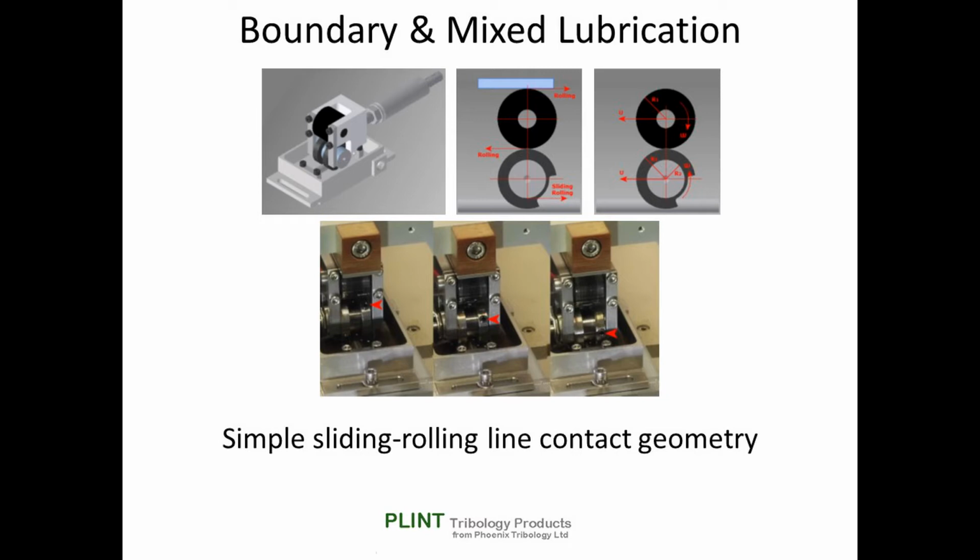Because it is a sliding rolling contact, the contact geometry does not change as the test progresses, as happens in a simple sliding Hertzian contact test. The lubricant entrainment conditions thus remain constant, as does the nominal contact pressure.